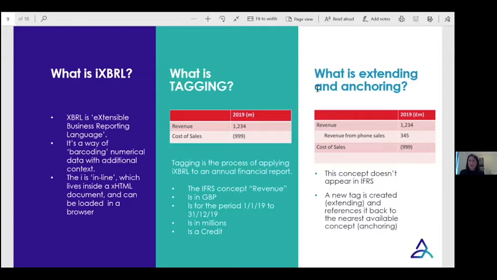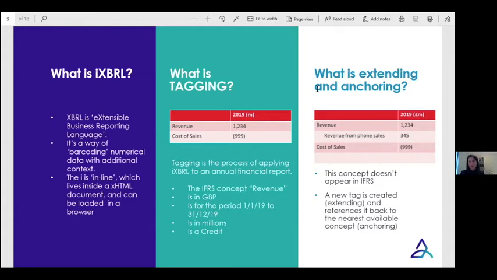There's not going to be an IFRS tag that we can apply to revenue from phone sales. So what you do is you create an extension and you will call it revenue from phone sales. And then you will anchor that back to the closest IFRS tag, being revenue.